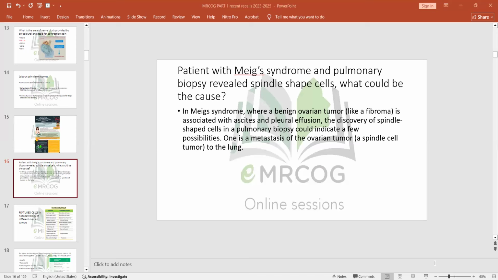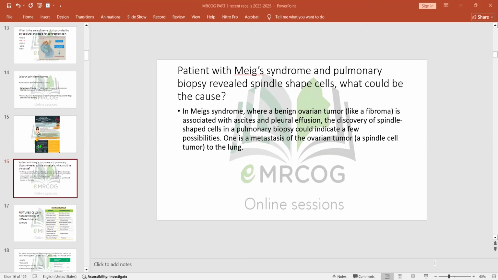It's a syndrome that is going to happen because of the metastasis of ovarian cancer, right? So if the choices were between ovarian cancer, liver cancer, pulmonary cancer, and so on, it's now very easy. This is ovarian cancer. What type?